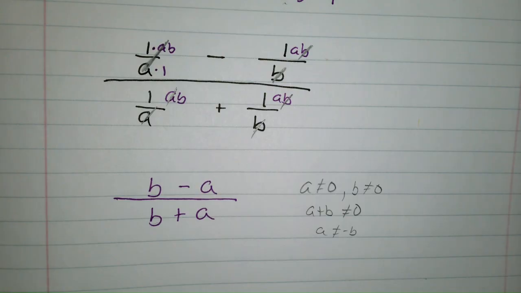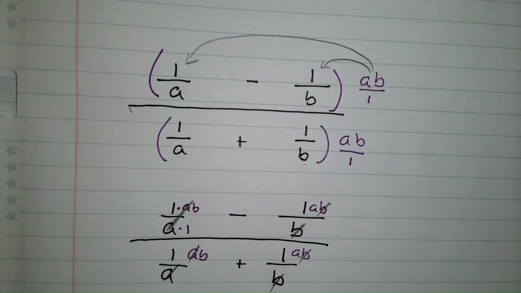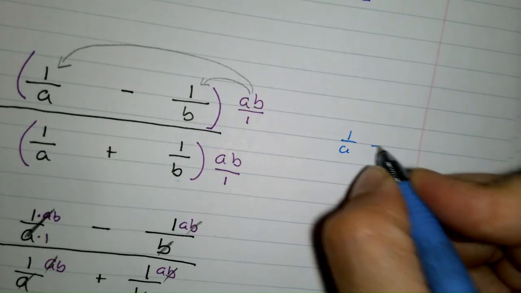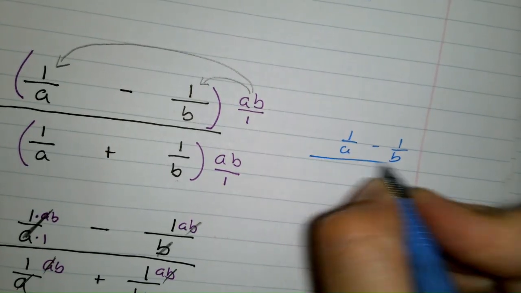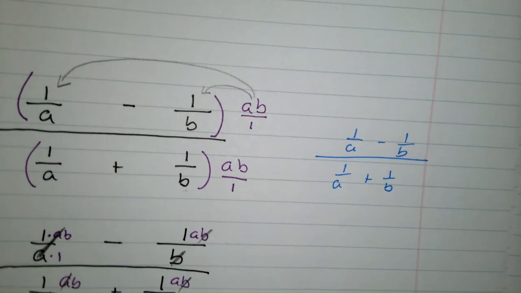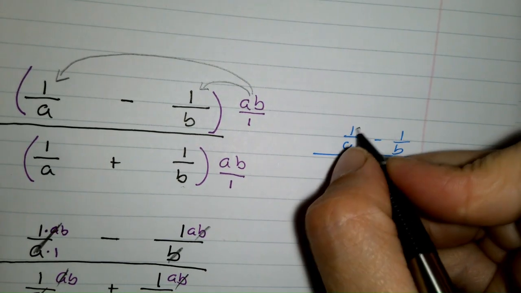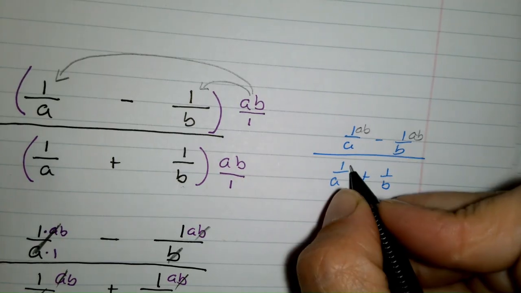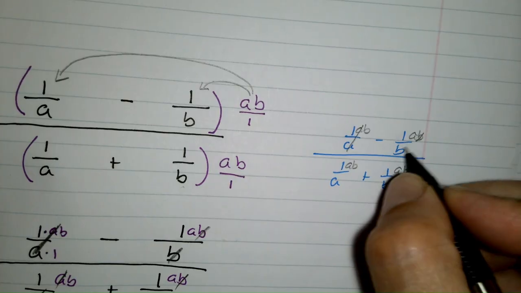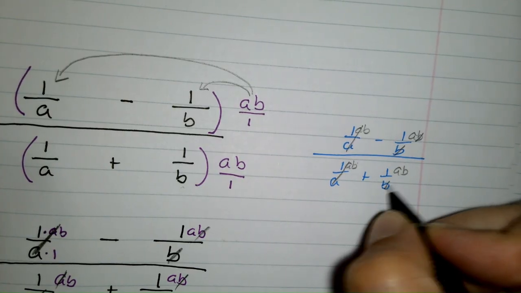That's your final answer. So how would I have done this if I were just doing it on my own? I'm going to rewrite it over here. 1 over A minus 1 over B. Well, I'm just going to come in here and write AB, AB, AB, AB, cancel, cancel, cancel, cancel.